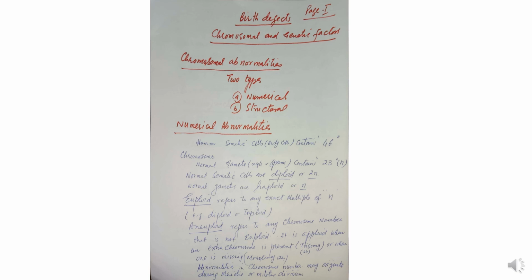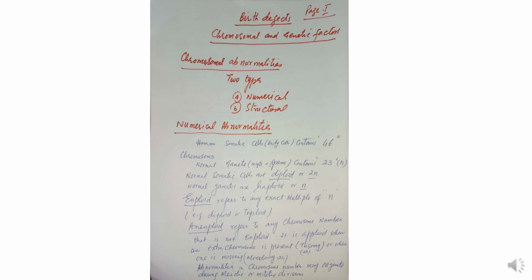So if the oocyte is 24, for example, and the sperm is 23, the oocyte and sperm combine and become 47, because the normal number of sperm is 23 and the female number due to non-disjunction is 24.